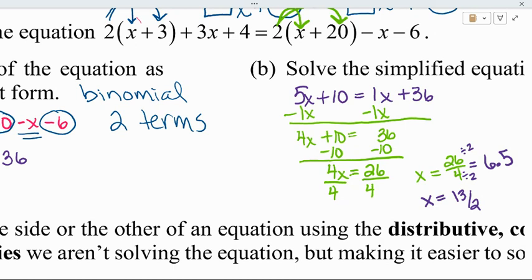It takes your decimal, 6.5, and turns it into a fraction. So 26 divided by 4, then math, and then enter.